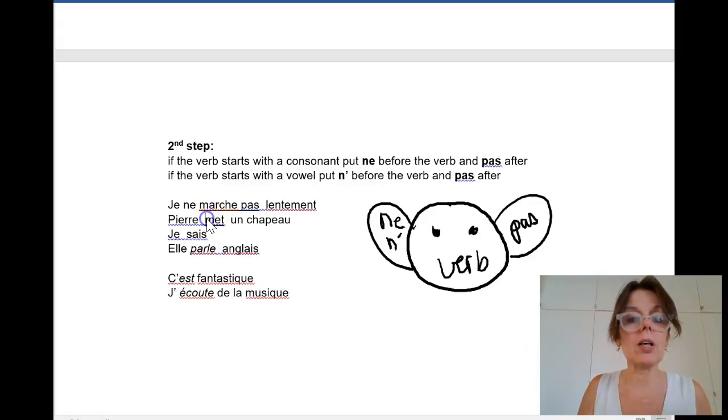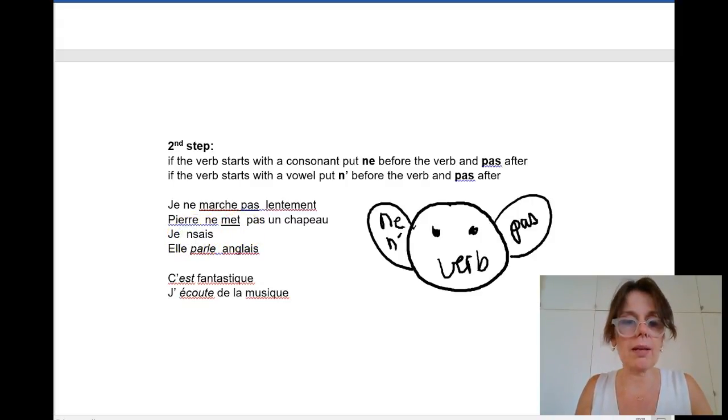It starts with a consonant, so I put ne before and I always put pas after. Always two words to make a negative sentence in French. C'est is my verb, so I put ne before and pas after. Parle is my verb, I put ne before and pas after.